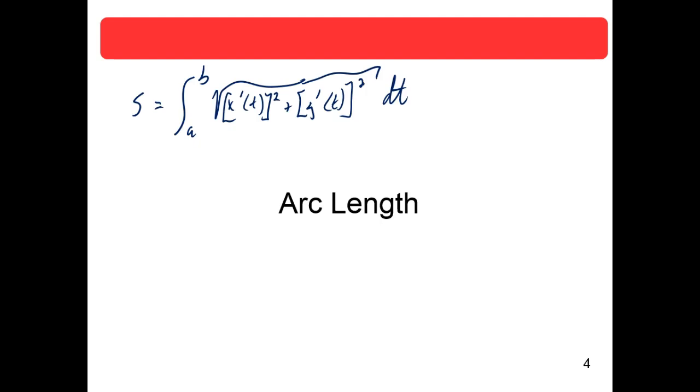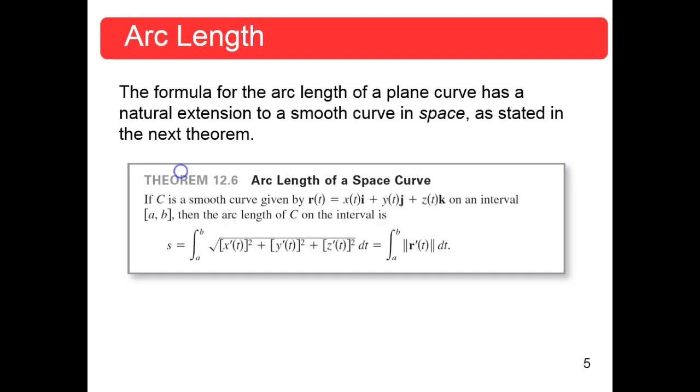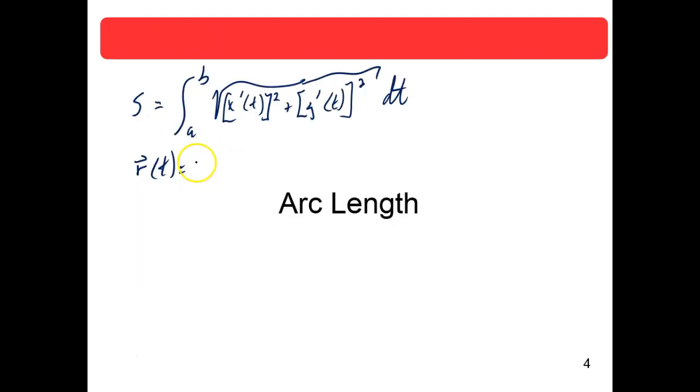And in vector form, r of t is equal to x of t i plus y of t j. Now, back in chapter 10, we weren't dealing with the vectors at that time. Now this is just a little bit of an extension to get it in the vector form.